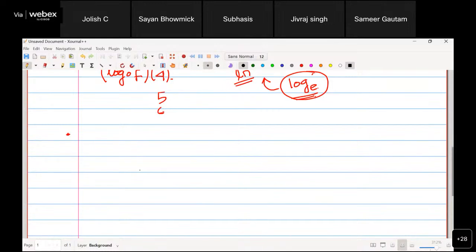Actually I'm not understanding what x e to the power 3x means here. Just give me a minute.